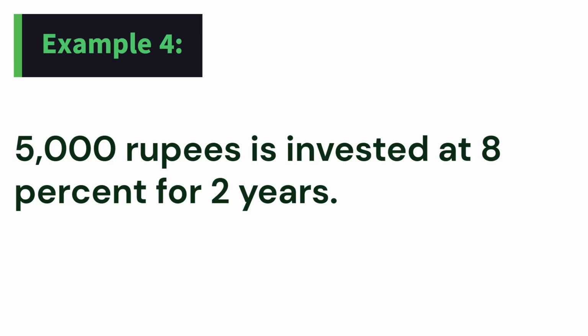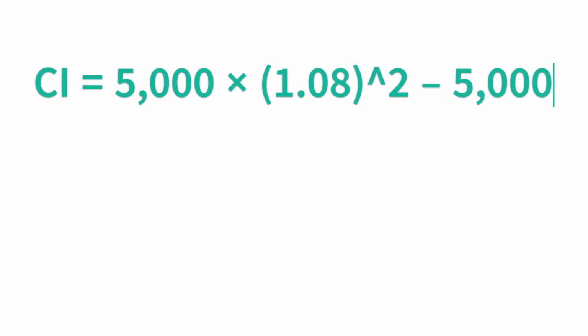Example number 4. 5,000 rupees is invested at 8% for 2 years. Let's try to solve this. CI equals 5,000 times 1 plus 8 divided by 100 to the power of 2 minus 5,000. 1 plus 8 divided by 100 equals 1.08 to the power of 2.